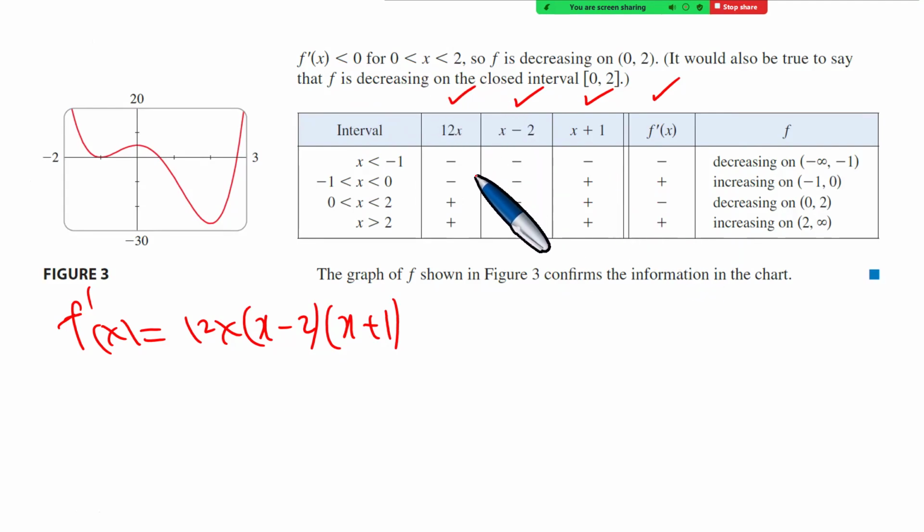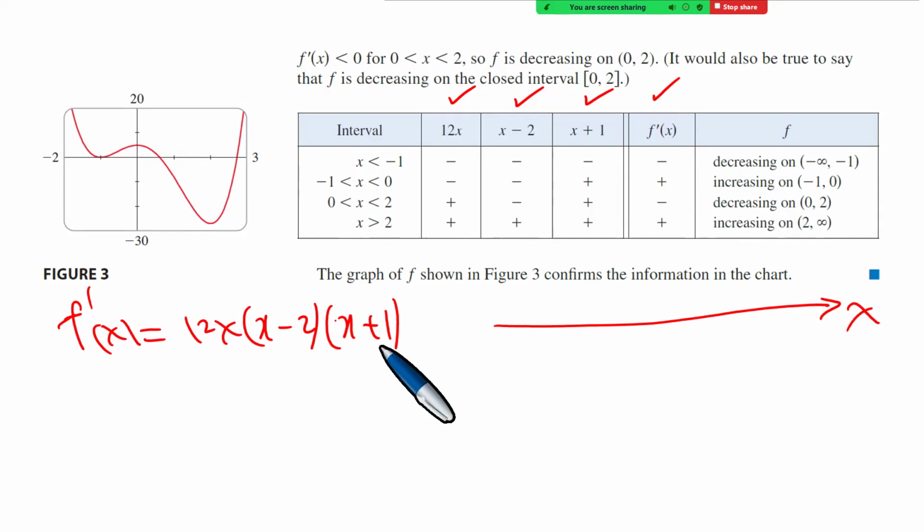The intervals are here. I know there are many presentations of this, but this is the recommended presentation from the Stewart textbook, the presentation of the signs that we use for the chart. We have also seen the number line, which shows the numbers.